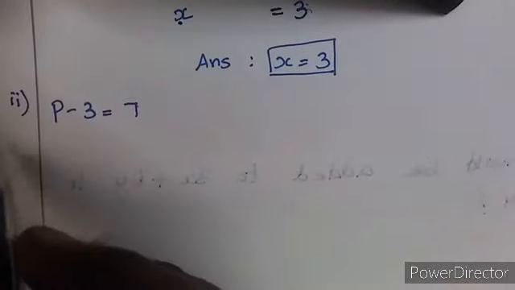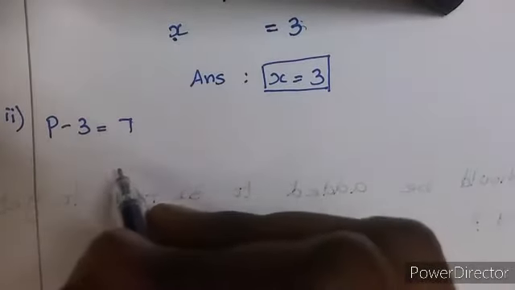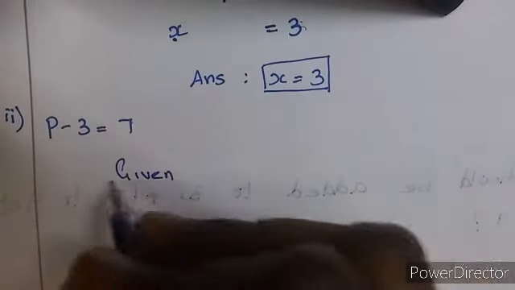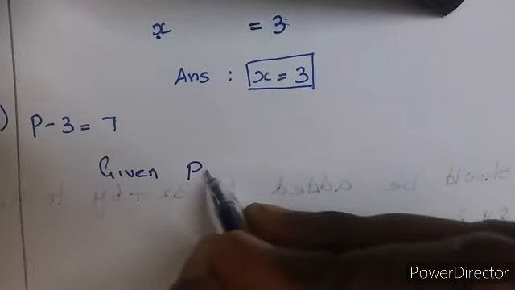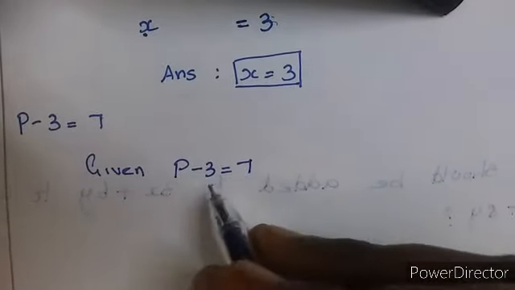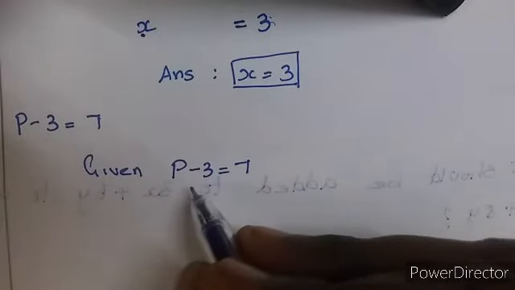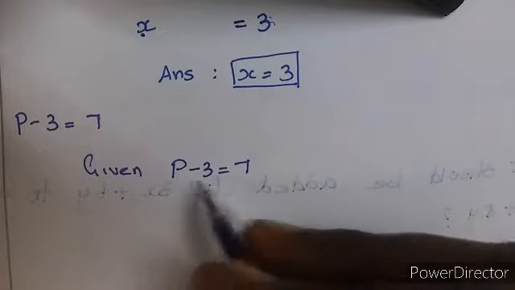Coming to subdivision 2, p minus 3 equal to 7. What I told? The first step, write the given expression, p minus 3 equal to 7. Now, here it is given as minus 3. So, what I want to do?